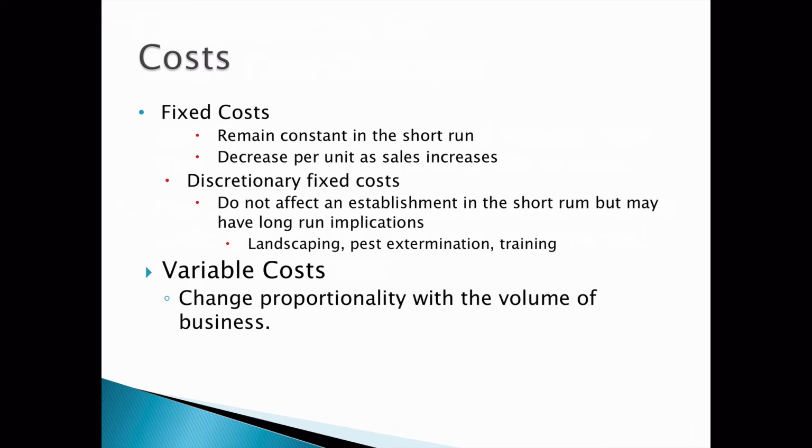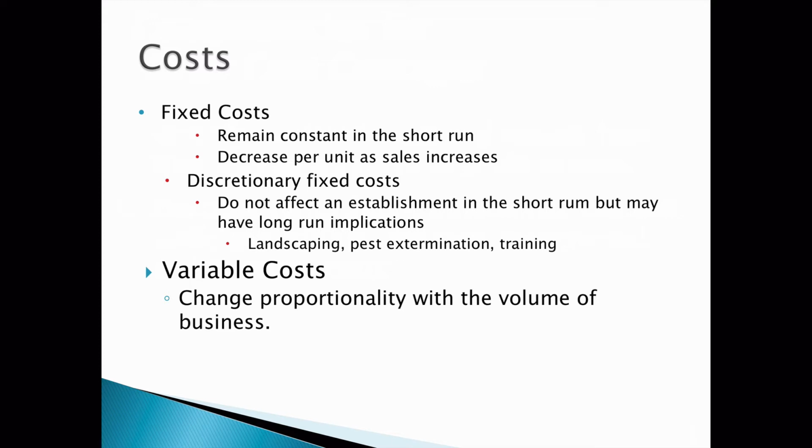Then we have discretionary fixed costs, and those are a type of fixed costs. They're defined by not affecting the business in the short run, but they may have long run implications. The examples I have down here are landscaping, pest extermination, and training. Landscaping is a great example. Whenever I see a restaurant owner outside mowing the lawn in front of the restaurant, I know that they're in trouble.